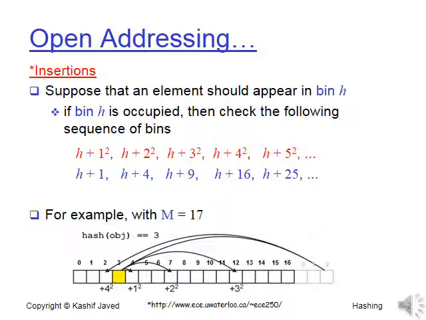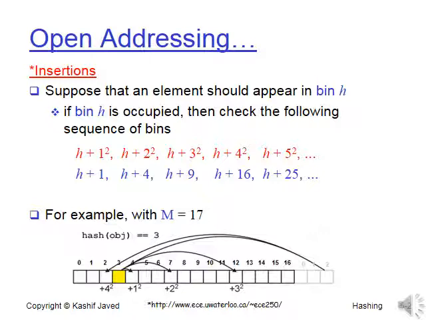For example, M equals 17, where M is your table size of 17 bins. Pictorially, you will observe the indices on the hash table array from 0 to 16.